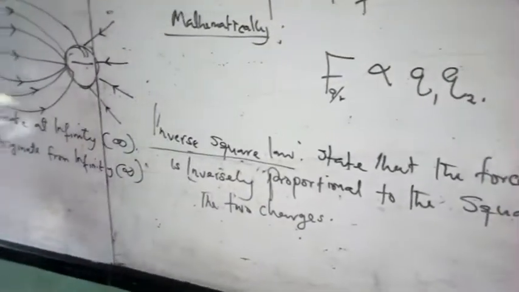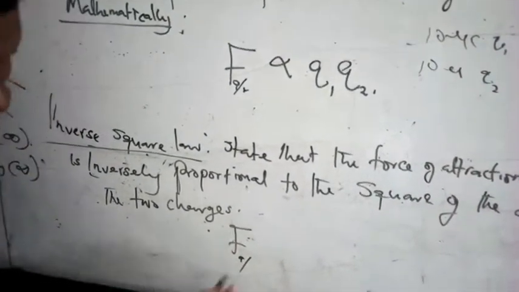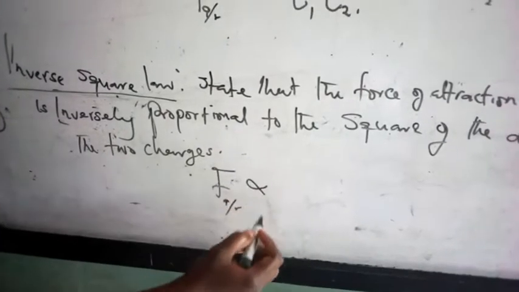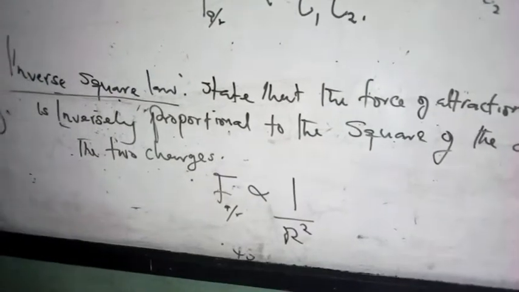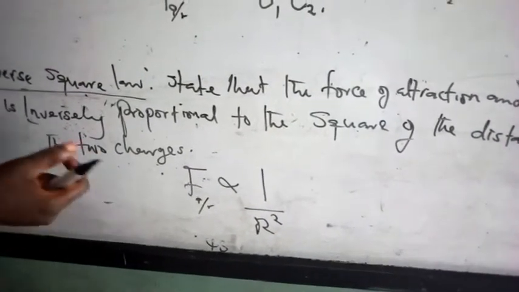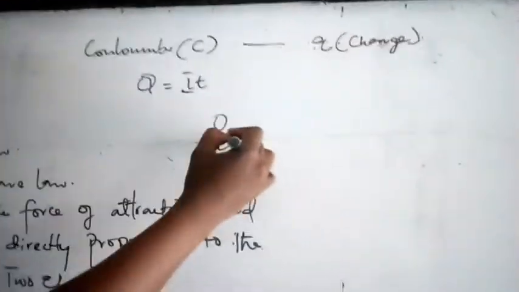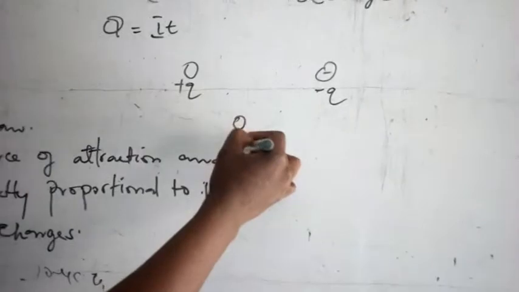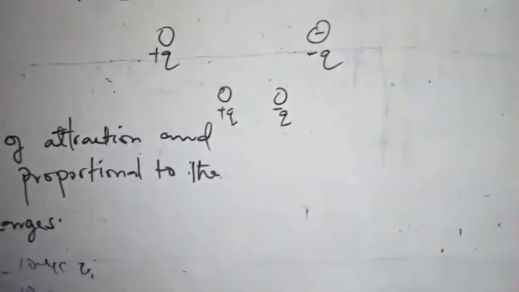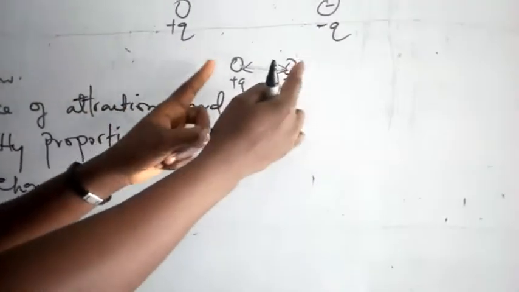What are we trying to say mathematically? Because we're going to combine them together, so you should understand. We have it that F of attraction and repulsion is inversely proportional to the square of the distance r between the two charges. If you have a positive charge and a negative charge, and another positive charge and negative charge, the force of attraction here will be higher because they are closer.